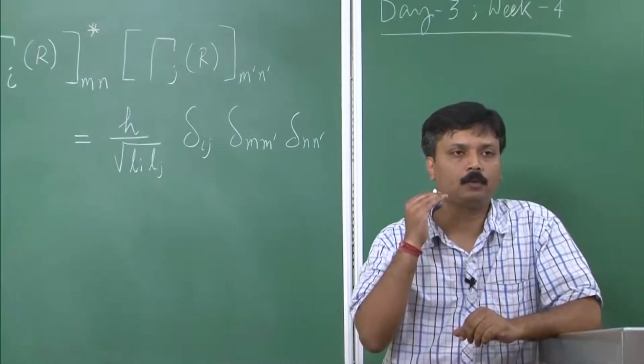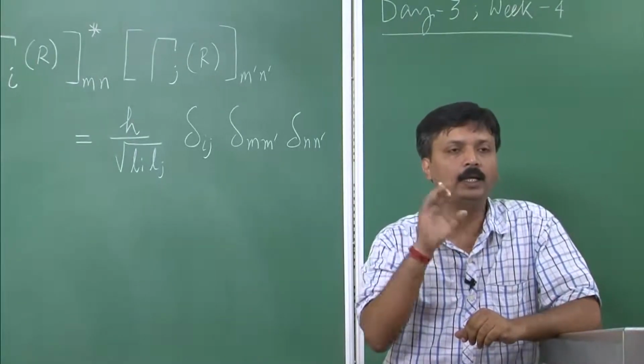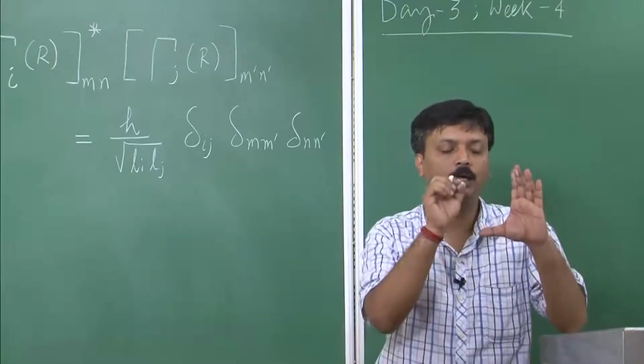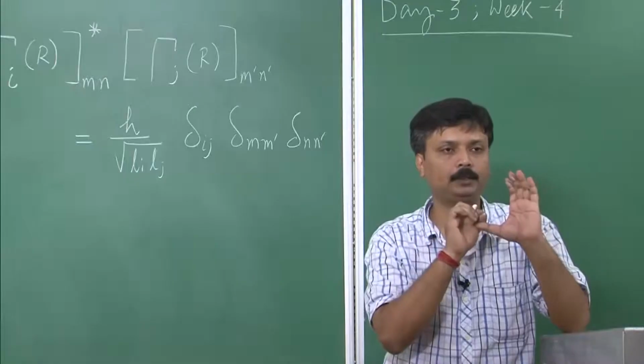So in the character table, we have seen that there are several different IRs, IR standing for irreducible representation. Now for any given IR, I have the matrices, and I can choose any element from that matrix.